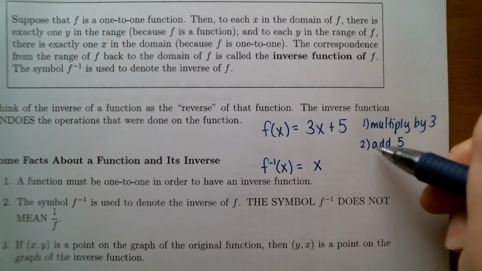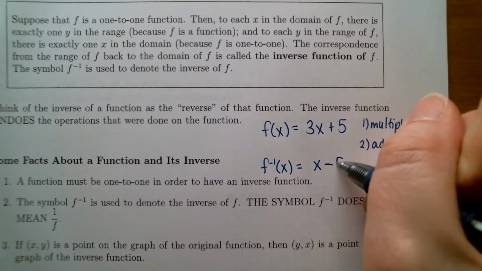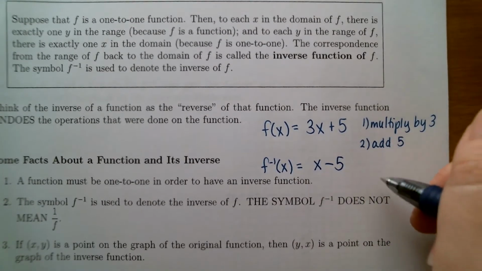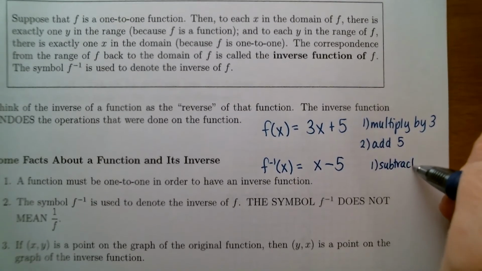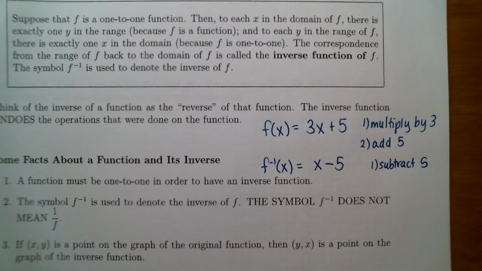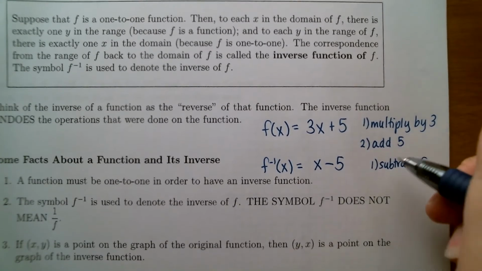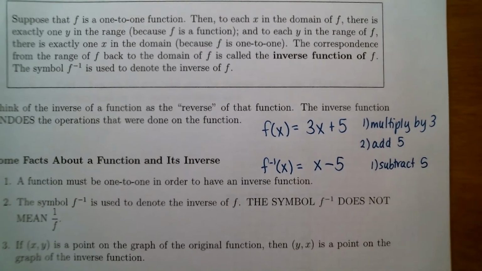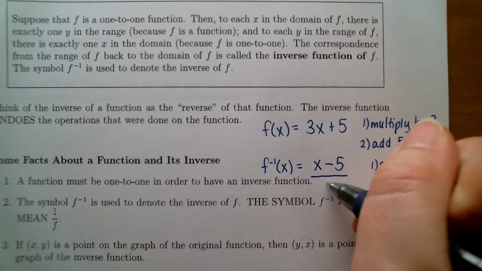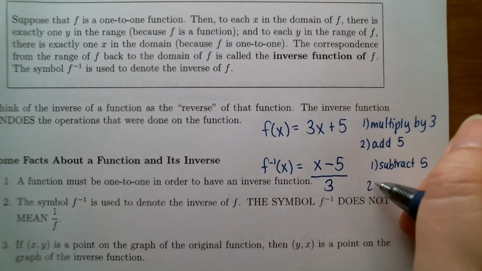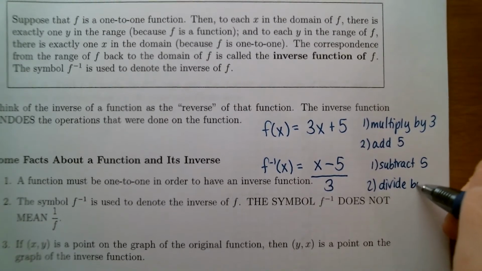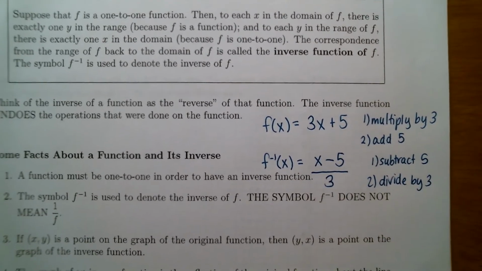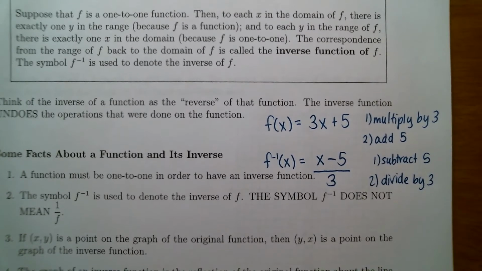So instead of adding 5, it's going to subtract 5. The inverse would first subtract 5 because that's the opposite of adding 5. And then to undo multiplication by 3, it's going to divide everything by 3. So that's how you want to think of an inverse function. It undoes the operations of the original function.